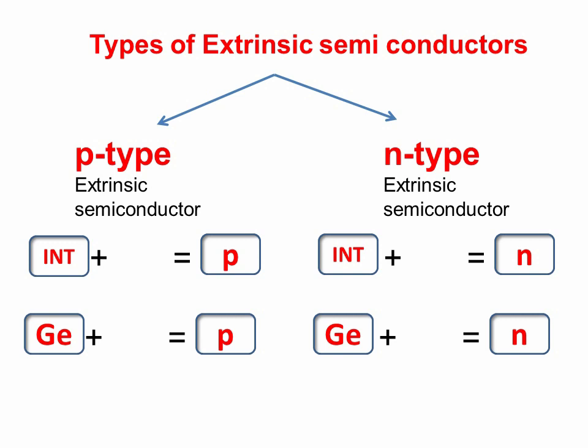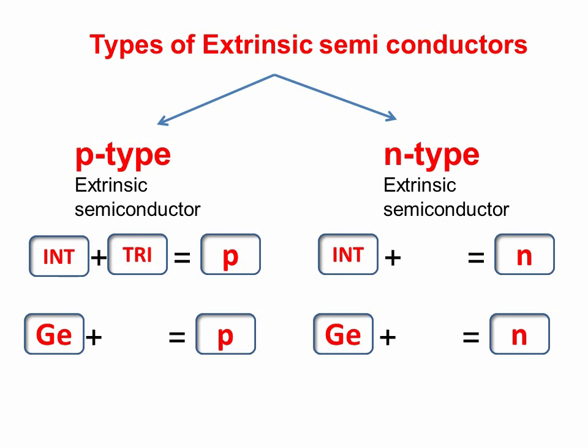So, look at that equation, the first equation: intrinsic plus something which is equal to p type. So, here we have to fit that trivalent material.